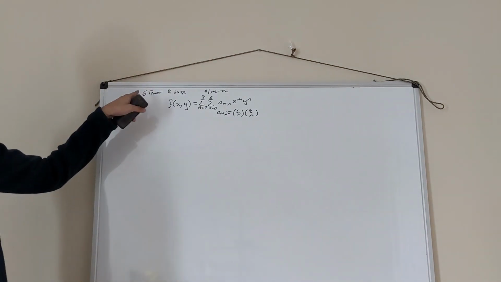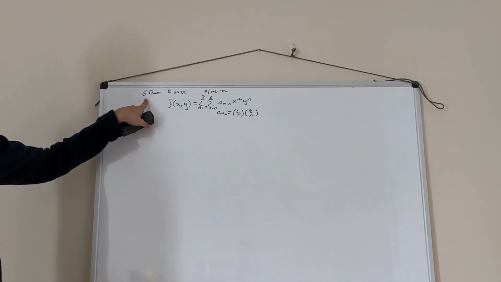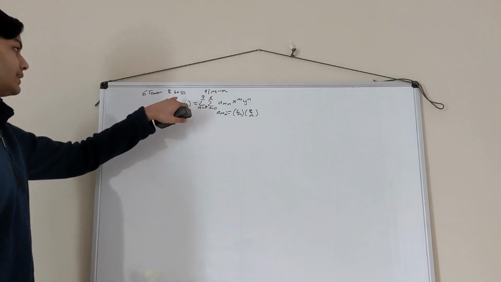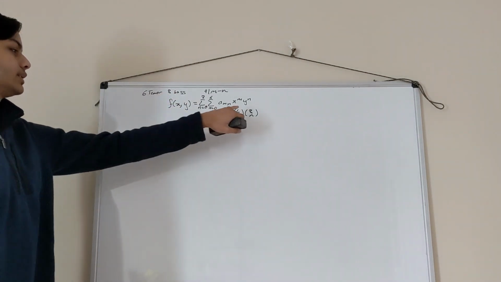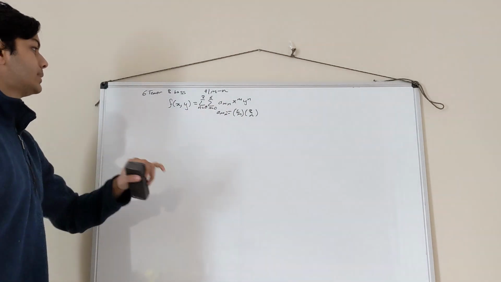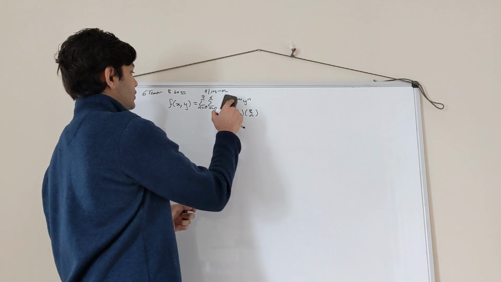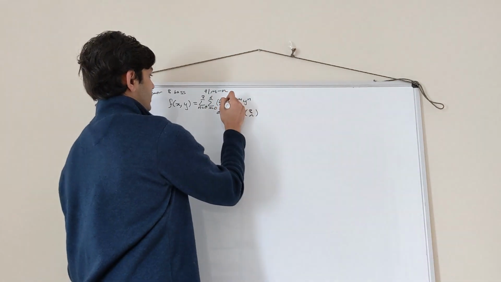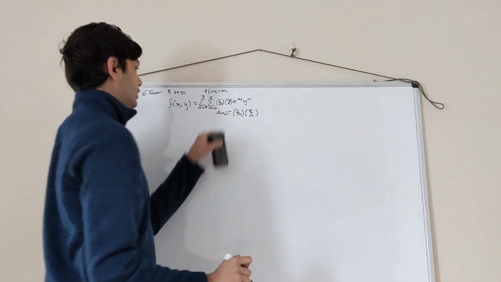Because you can select m tenors out of 6 tenors, so that's 6 choose m, and you can select n basses out of 8 basses, so that's 8 choose n. And so this sum is just the sum of 6 choose m, 8 choose n times x to the m, y to the n.